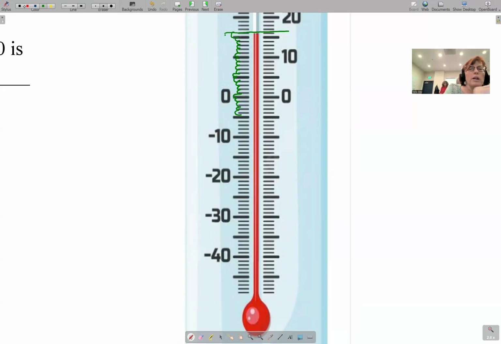If you've done this correctly, you're going to be right here, and you should be down exactly 4 degrees, because from 16 going down, it takes 16 units to go to 0 and another 4 units to get to 20.